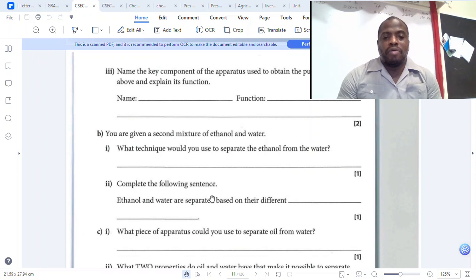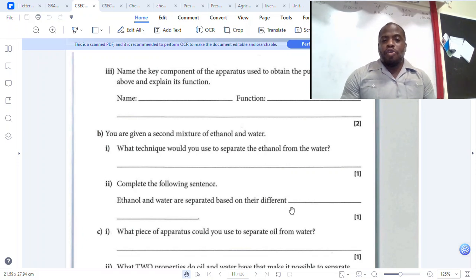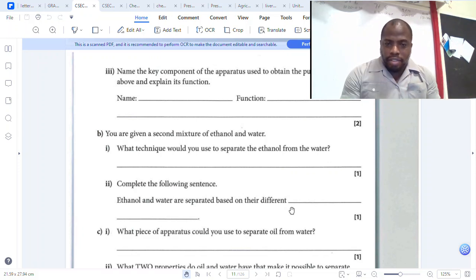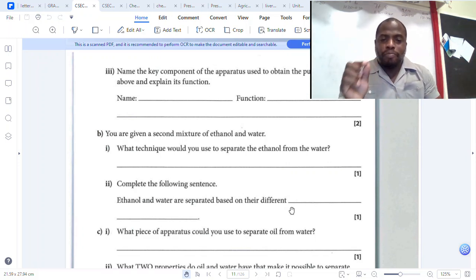Now, complete the following sentence. Ethanol and water are separated based on their different... Now, one thing that we use is the fact that they are different liquids. And so we focus on what we call the boiling point. And if you can recall when you're looking at a heating curve, that boiling point is the constant temperature at which a liquid becomes a gas.